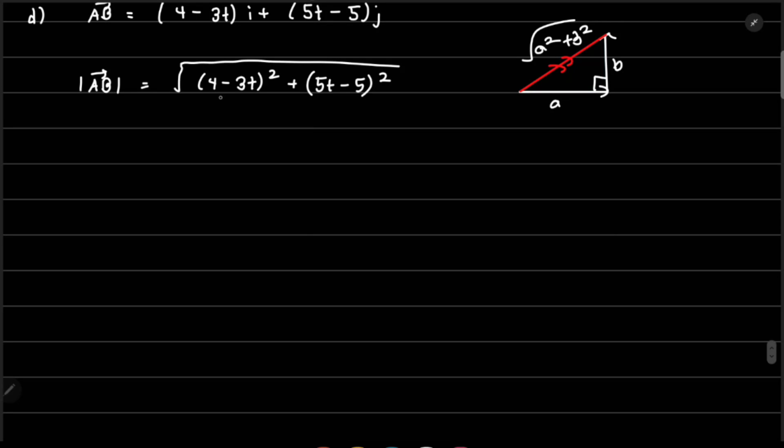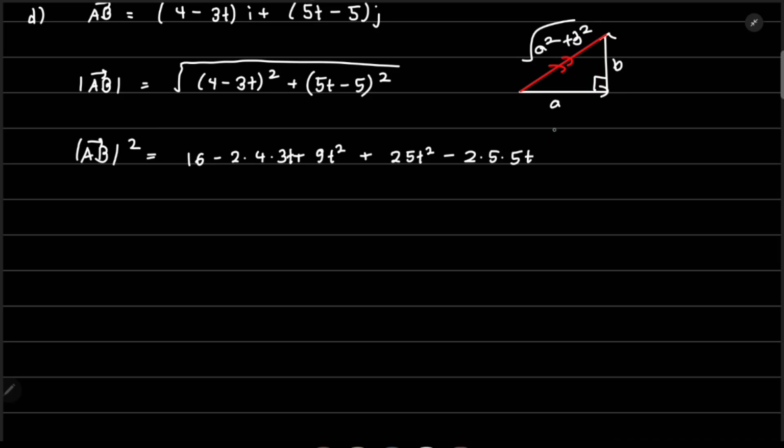So over here we can remove the root by squaring both sides. That will make life easier. I'll have 4 minus 3t squared. I can just expand it in this line, get 16 minus 2 times 4 times 3t plus 9t squared, plus 25t squared minus 2 times 5 times 5t.